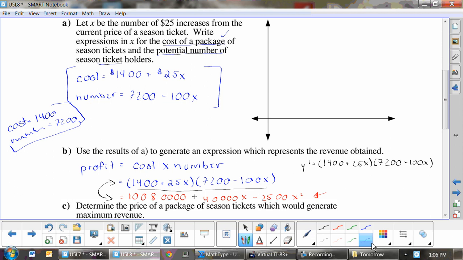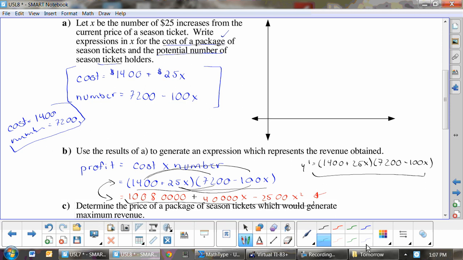Yeah, so you get this by foiling it, right? So you go like that, and that, and that, and that. But like I said, because we're doing this graphically, we don't necessarily have to FOIL it. We can just use this, which I think we're more likely to make a mistake putting into our calculator if we use that.